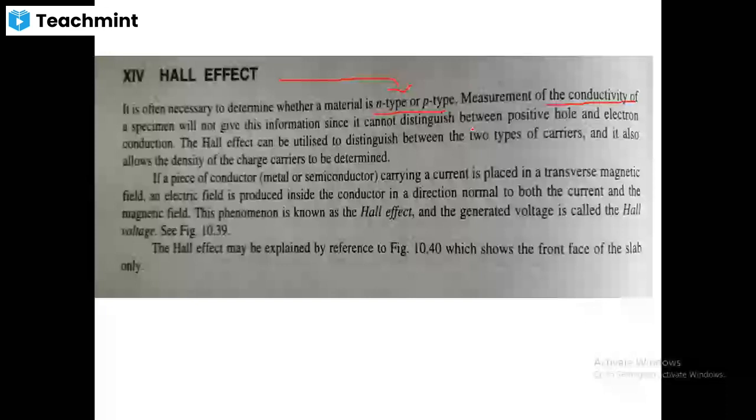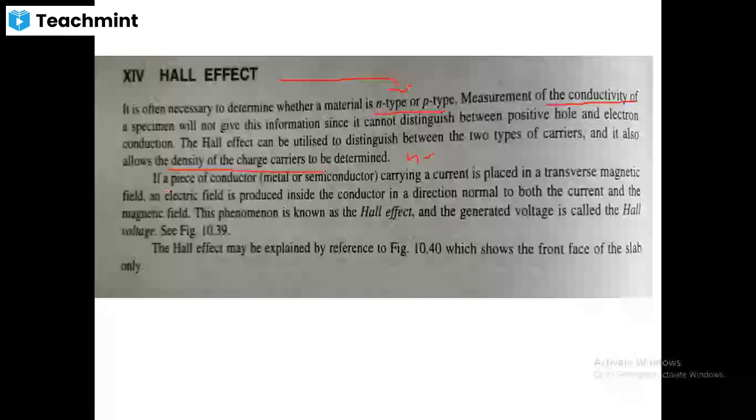It is also possible to identify the parameter called the density of charge carriers. What is the density of charge carriers? That is small n. We can also identify the value of small n with the help of this Hall effect experiment. We'll discuss that here. So how do we define the Hall effect?